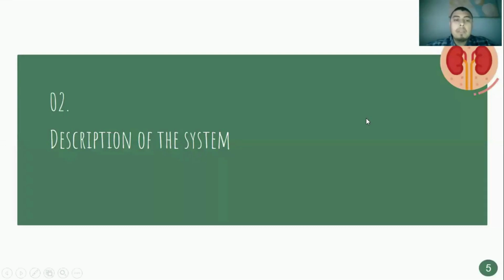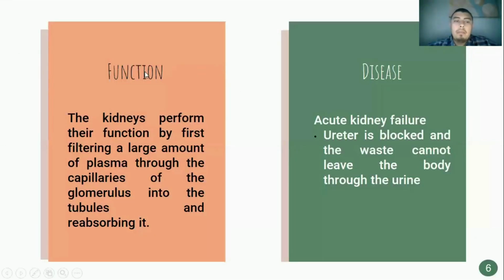Now, in the description of the system, we know that the kidneys perform their function by first filtering a large amount of plasma through the capillaries of the glomerulus into the tubules and reabsorbing it into the blood.